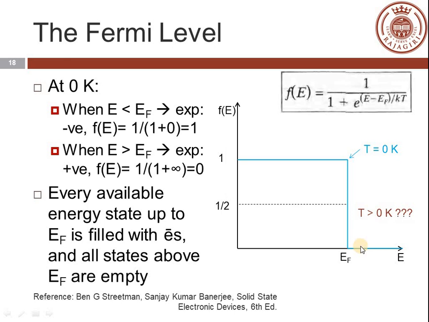That means there is some probability of occupancy above states EF. But we need to keep the area under the f of E curve the same. Then it is necessary that some of the states below EF should not be filled.